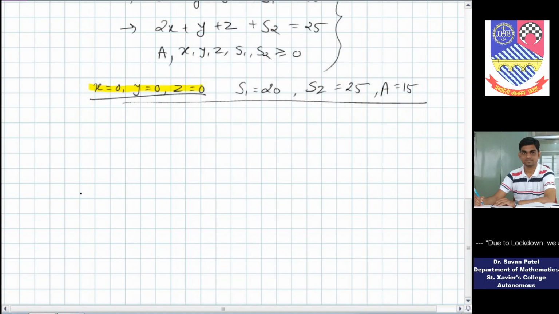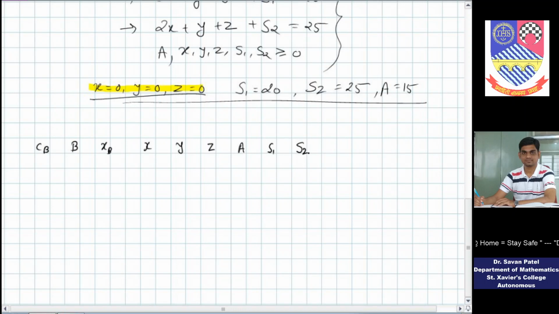Here we will have CBs, means coefficients of variables in a basis, variables, then its values xb. So let x, y, z, the artificial variable a, then s1, and lastly s2.